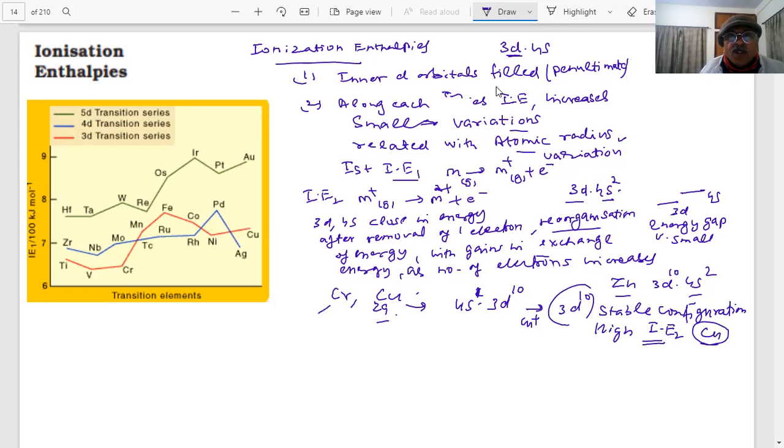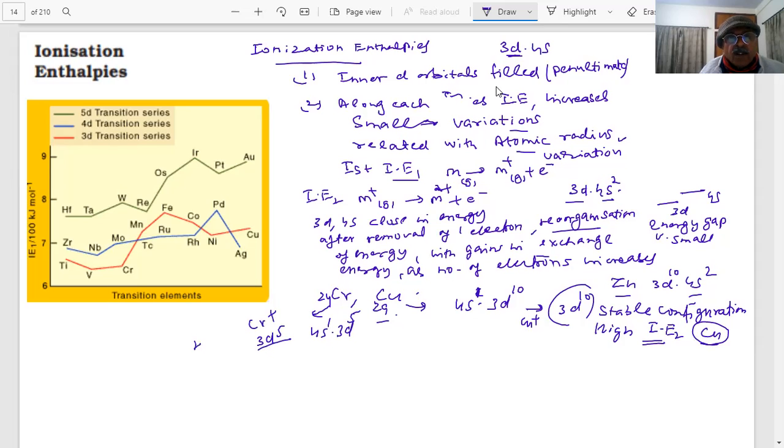Let us see for chromium. What is the atomic number of chromium, which you should remember, 22, 23, 24? Yes, 24. What is the electronic configuration of chromium in the outer valence shell? You have 4s1, 3d5. So after you form chromium plus, it is 3d5.